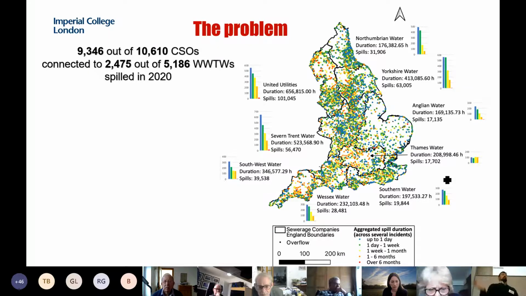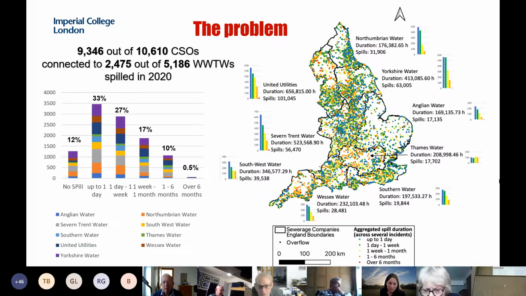It's across the water companies. It's across the country. And what's fascinating about it is how long they stay open. What you can see here on the right is the variation between the companies. But really, if you aggregate the time for how long they stay open, you can see, for example, that only 12% of them, of the ones monitored, do not spill, right?